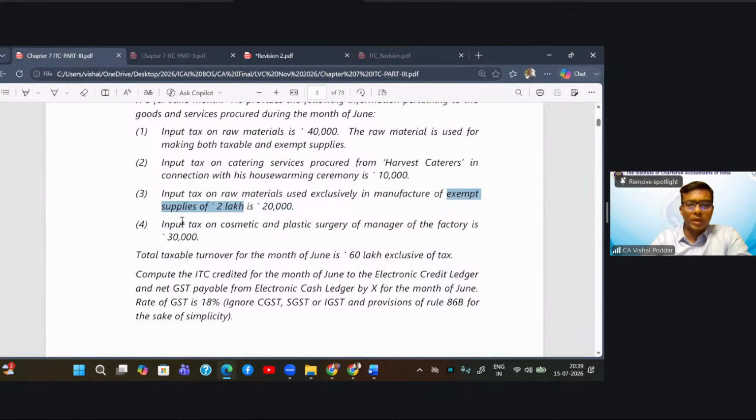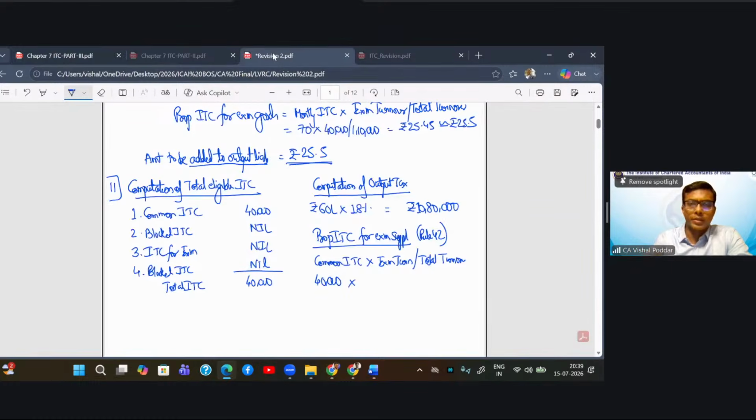Correct? And my taxable supply is 60 lakhs. So total turnover is 62 lakhs, right? Out of which 2 lakhs is exempt upon total 62 lakhs. So 40,000 into 2 upon 62. So the amount which I'm getting is this, what is ITC attributable to exempt, right?